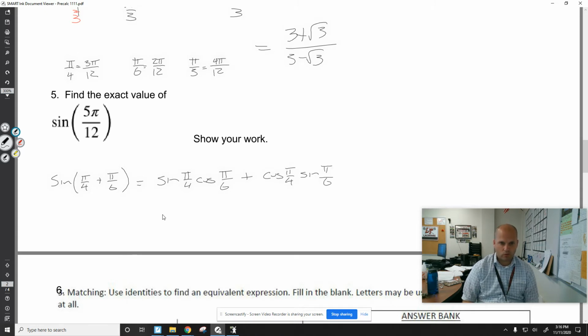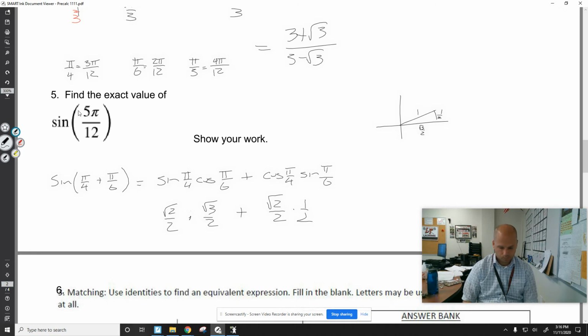Sine of pi over 4 is root 2 over 2. Cosine of pi over 6, 30 degrees, short 30, 60, 90. Cosine is adjacent, root 3 over 2. Hypotenuse, opposite 1/2. Cosine pi over 6, root 3 over 2. Cosine pi over 4, thankfully the easy one, root 2 over 2. Sine pi over 6, that's the 1/2.